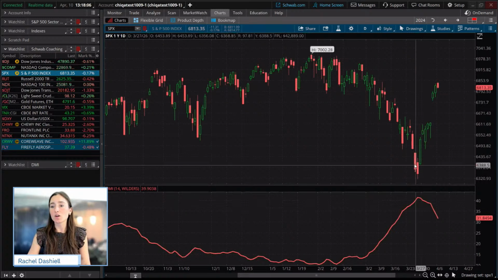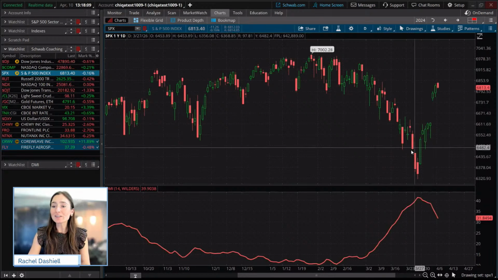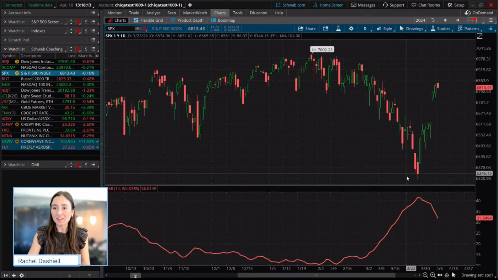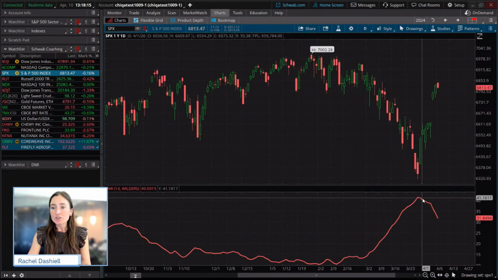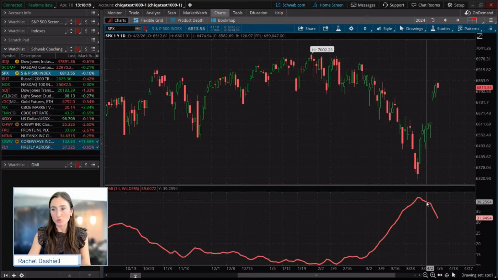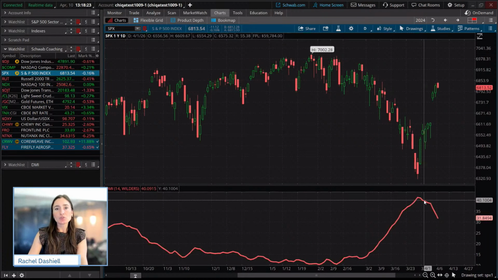You actually saw that right here almost perfectly. We had that trough in prices, or that low in prices, just as we hit that peak in the ADX and it started to roll over. That's typically used as a trading signal for a trader to start closing their trending position.